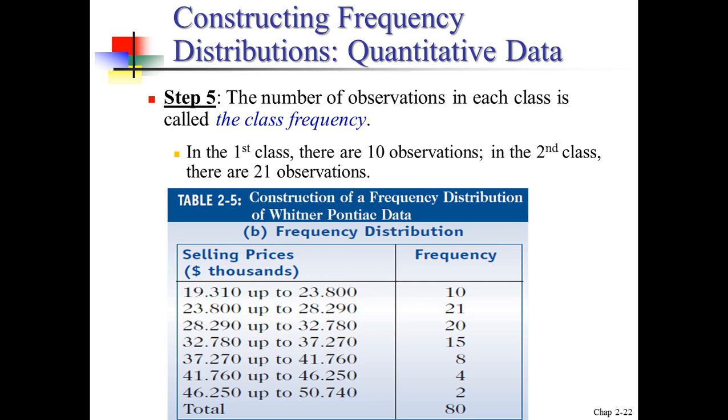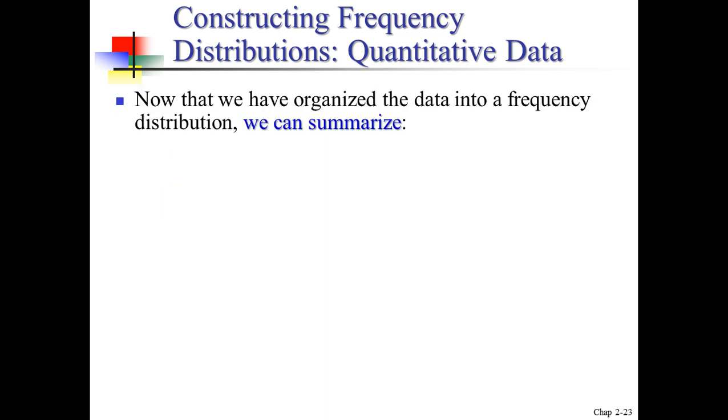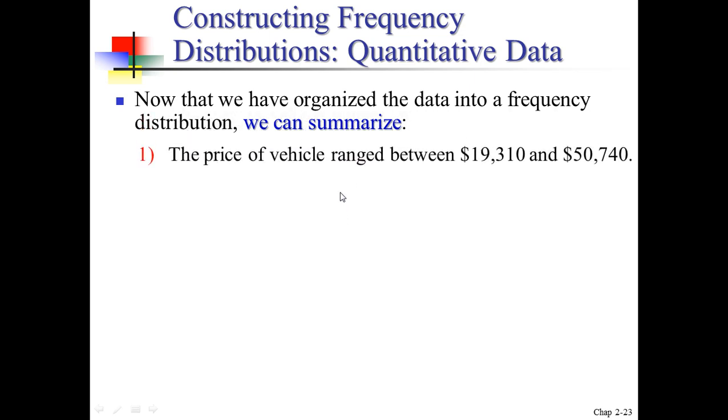How can you present this table? This table is called a frequency distribution. How can you interpret the frequency distribution table that you have done here? In order to interpret, summarize, explain, or present, you need to make only the main points.